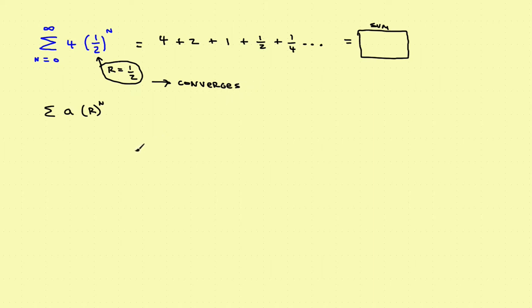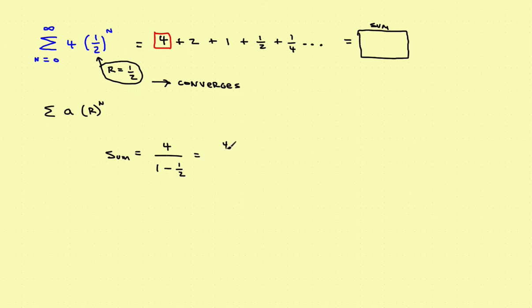But what does it converge to? Well, then you'll try the sum. So the sum is equal to the first term, and I think I'll put a little box around this. It's equal to the first term divided by 1 minus r. So in this case, I've got 4 divided by 1 minus r, and r is 1/2.